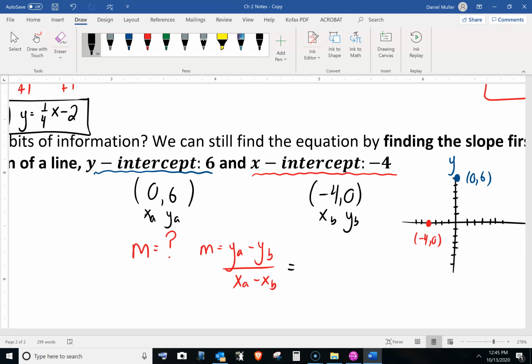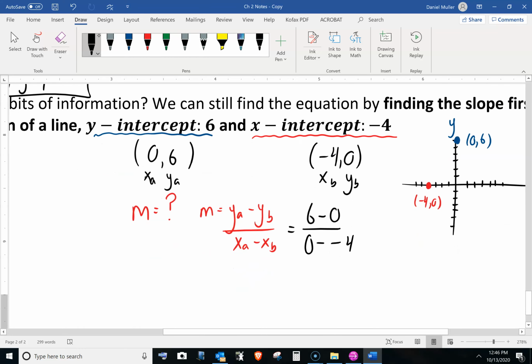So ya is 6 minus yb is 0, and then xa is 0 minus xb, which is -4. So 6 minus 0 is 6, and this is 0 plus 4, which is 4. And those can both be divided by 2, which we get 3 and 2.